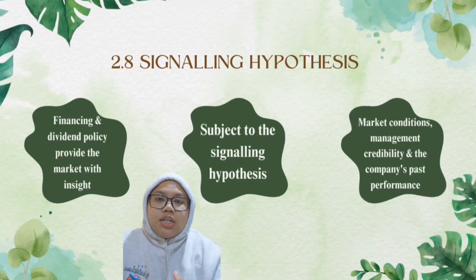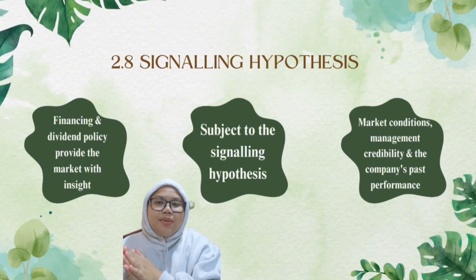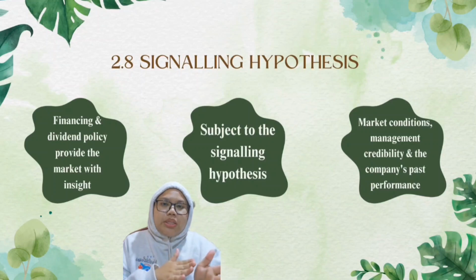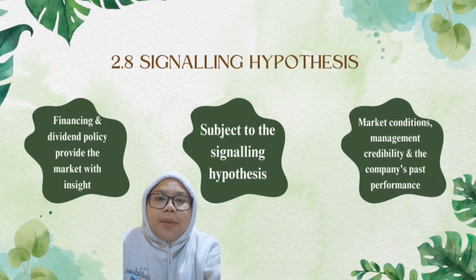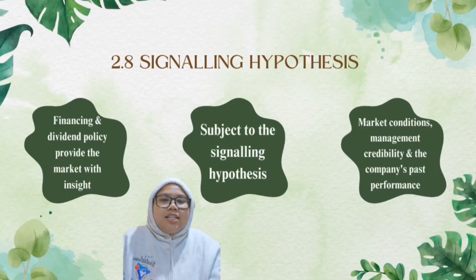Capital structure decisions are also subject to the signaling hypothesis, especially when deciding between debt and equity financing. Market conditions, management credibility, and the company's past performance are some of the variables that affect how successful signaling is in real life.